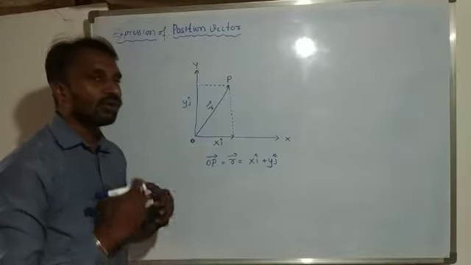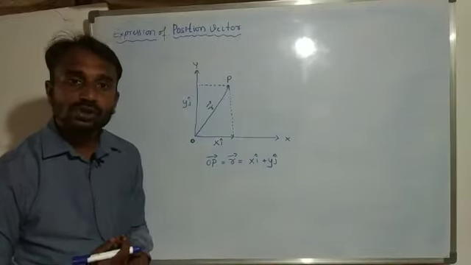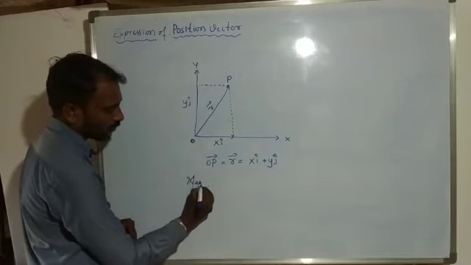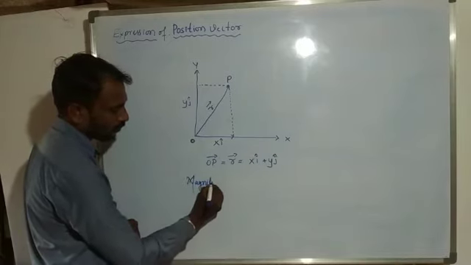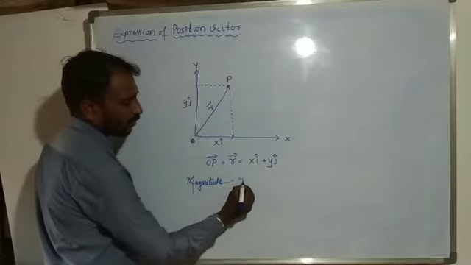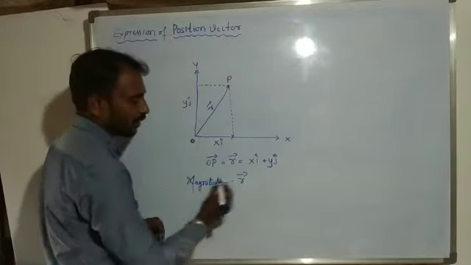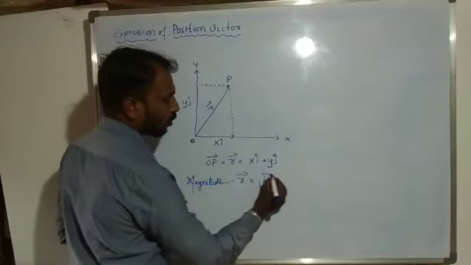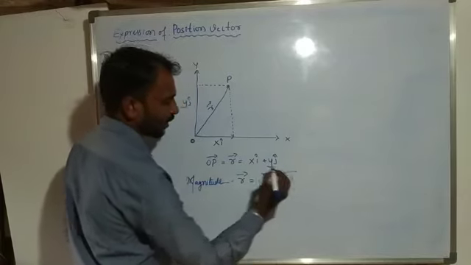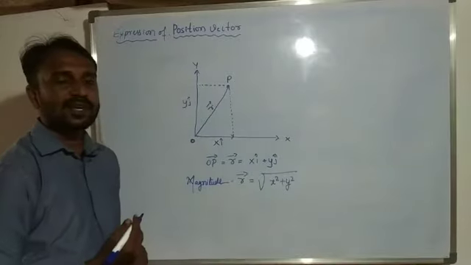And here we want to calculate the magnitude of this position vector. So the magnitude of vector R is equal to the whole root of x square plus y square.